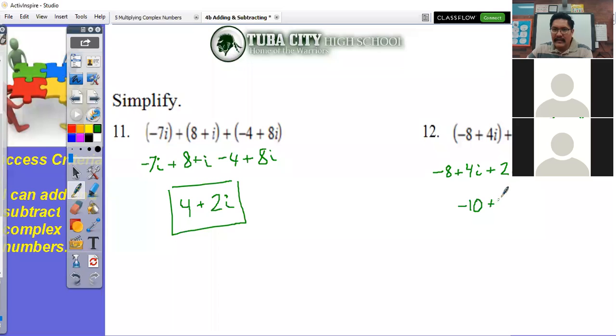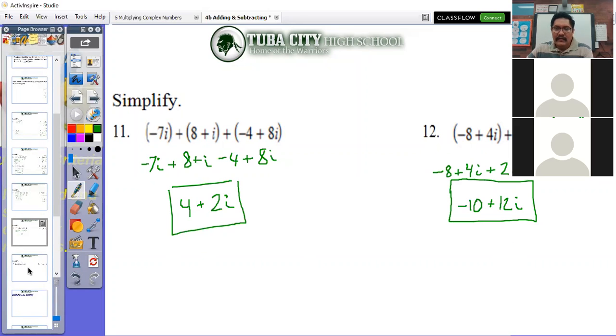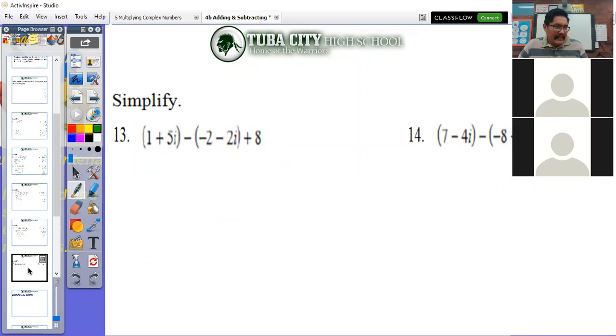So I'm going to go ahead and add those together. And there we go. It looks like we are done with that one. Not bad. All right, moving on, I guess. All right, I'll give you a second or two to copy this one down.